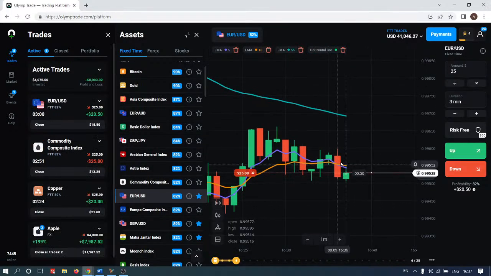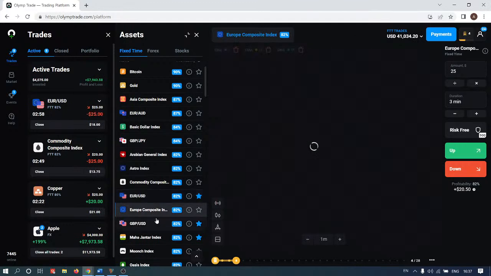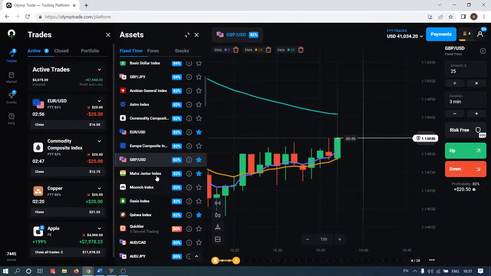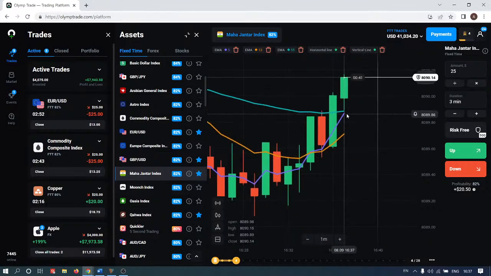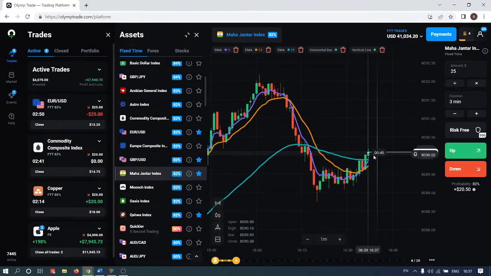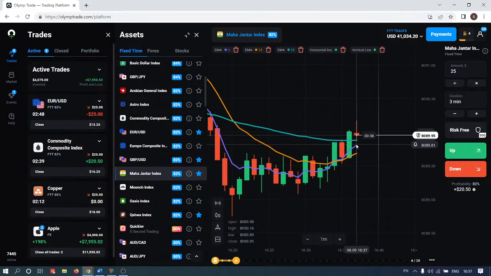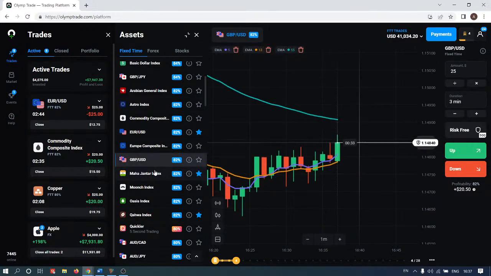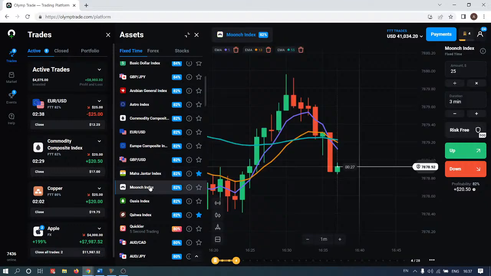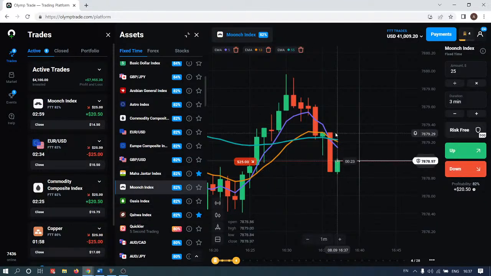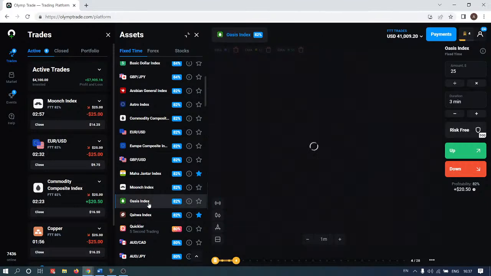The Euro USD downwards. So this Mahajantar index. Yes, this is a down signal for sure.